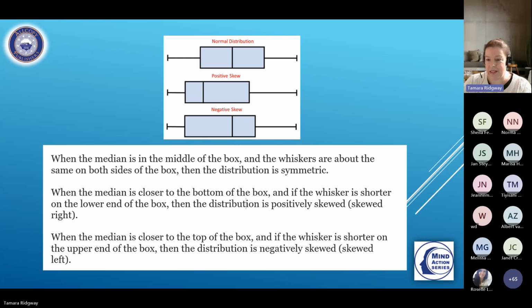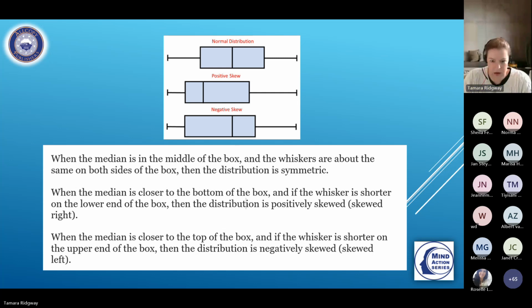But according to CAPS, this is knowledge that we should expect them to have. And this was just a nice definition. I thought I would include it here. It talks about when the median's in the middle, when it's closer to the bottom, and when it's closer to the top.